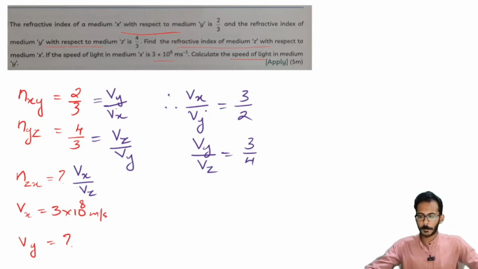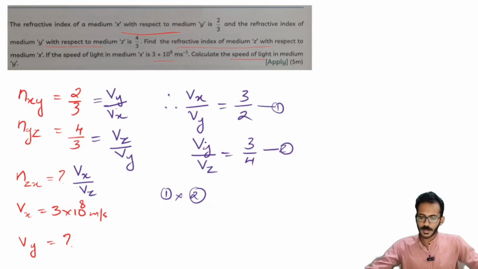Okay, so I got both of these. Now I'll do something. I'll multiply both of these. If this is equation 1 and this is equation 2, I'll multiply 1 into 2. Then I will get Vx by Vy into Vy by Vz.